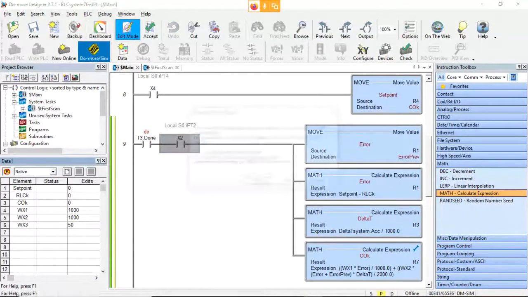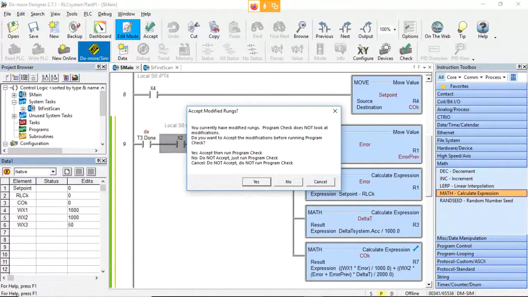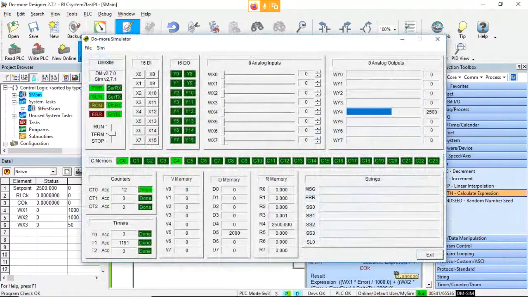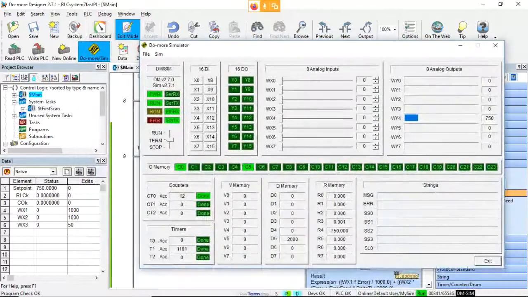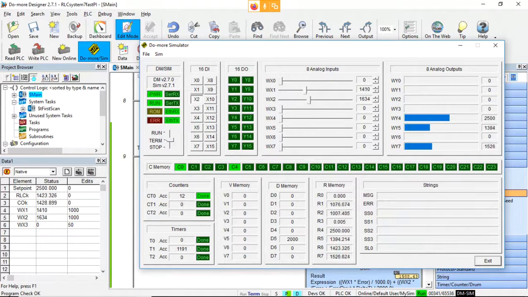And so now if I run this simulation, and I increase these gains, then I should be able to drive my system.